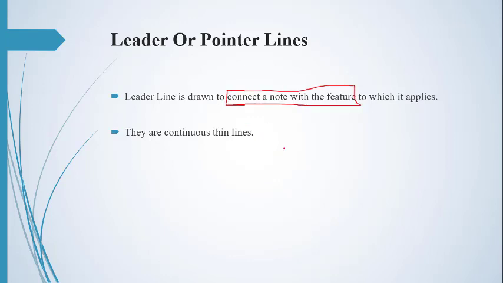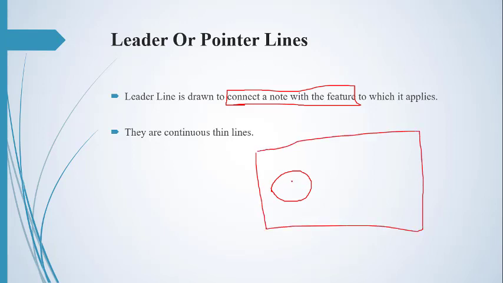This statement says that, for example, if we have an object like this in the drawing sheet, and here we have constructed this circular drawing, and in any part of the drawing we want to clarify and connect it with a note, I will draw a line like this, and I will write here 4 centimeter by 4 centimeter square.